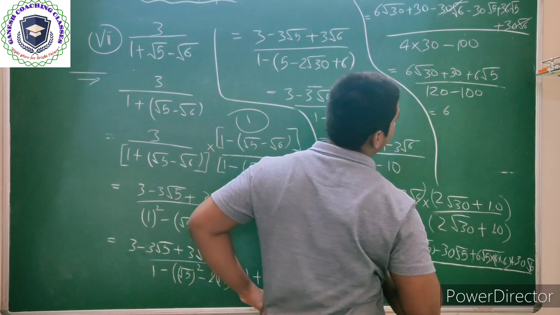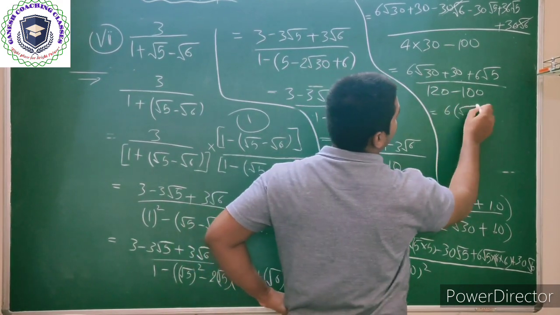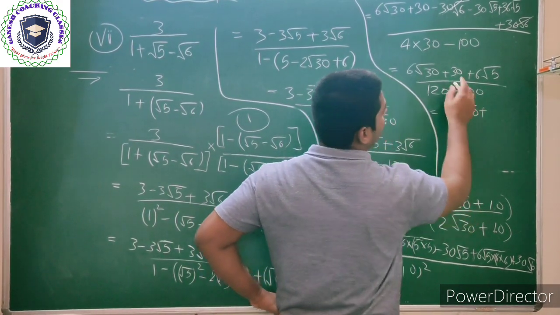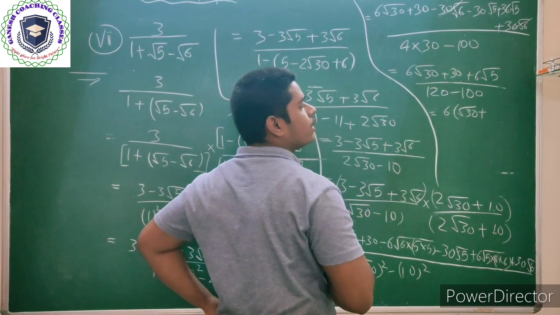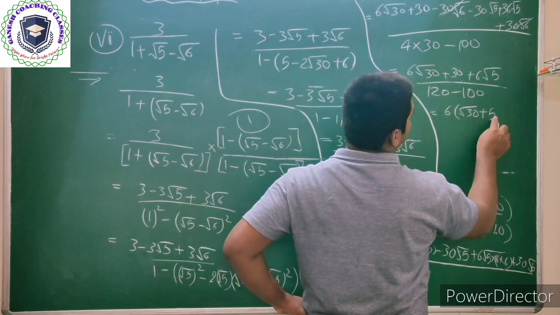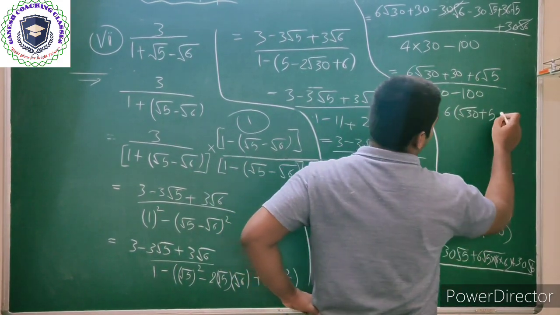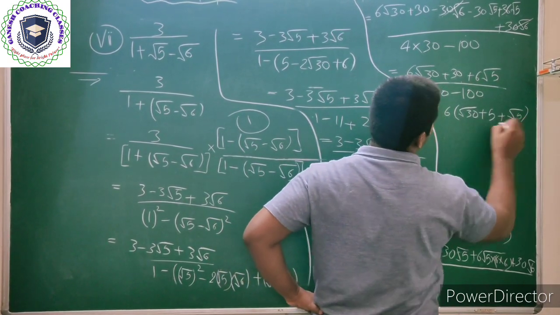Okay, when we are taking 6 as a common, so what remains in the numerator? Root 30. Okay, when we remove 6 from 30, we are getting here 6 5s are 30. So when we are removing 6 from this side, we are getting root 5.